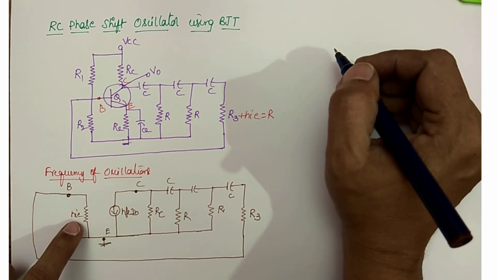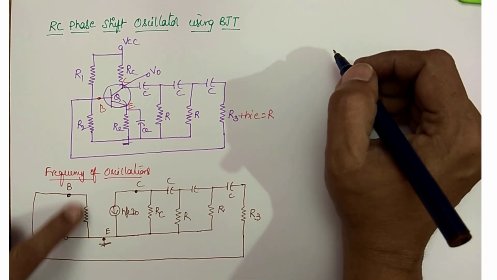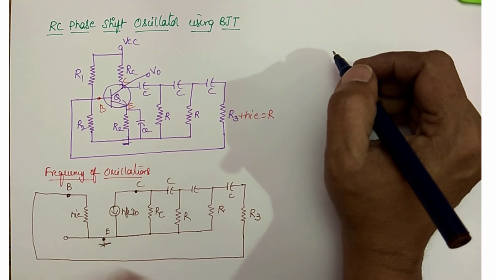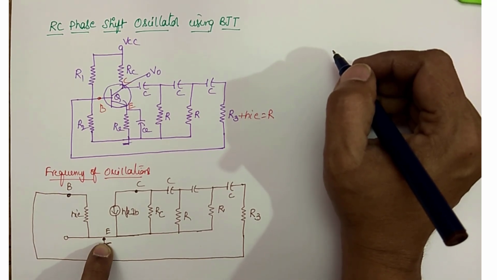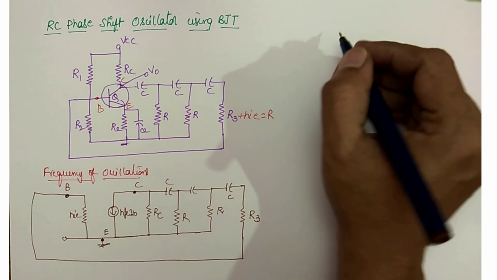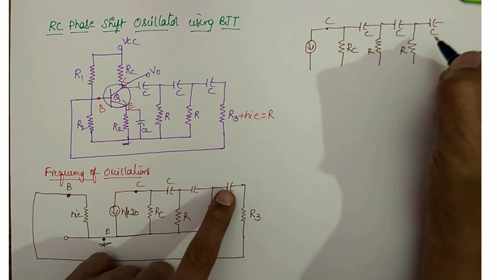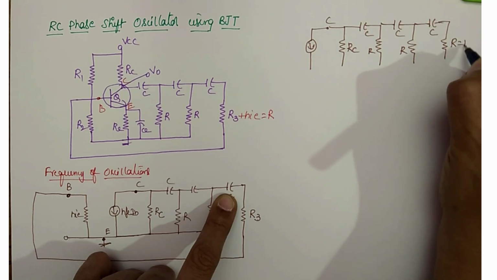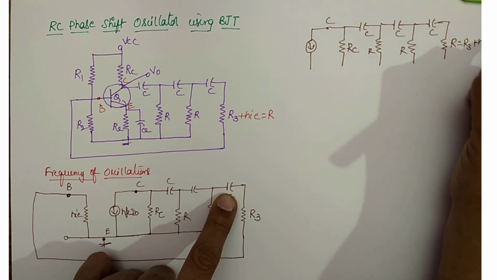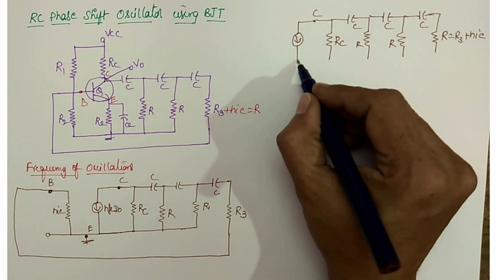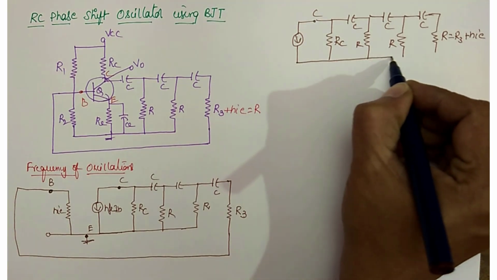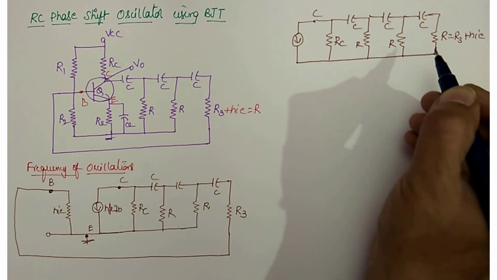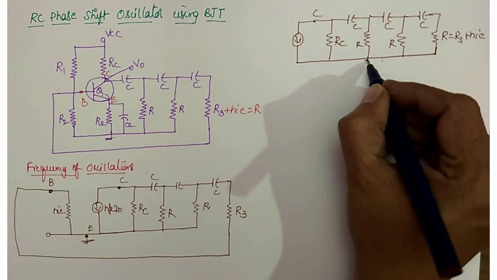Now when you add HIE to the R3, HIE's other end is grounded, all this is grounded. So instead of going like this and making ground here, I am grounding here. So the circuit is the third C and then here R, that is R3 plus HIE. All these are grounded.